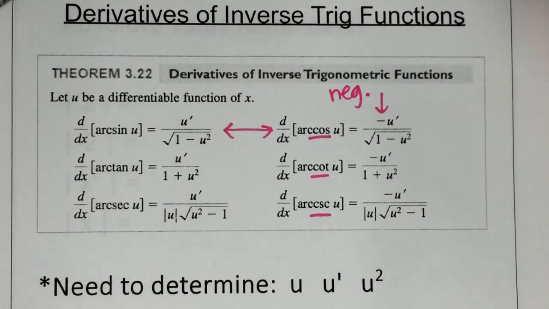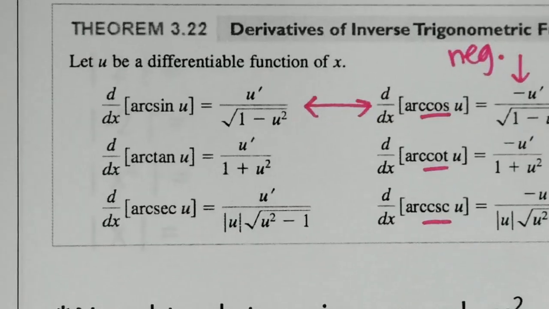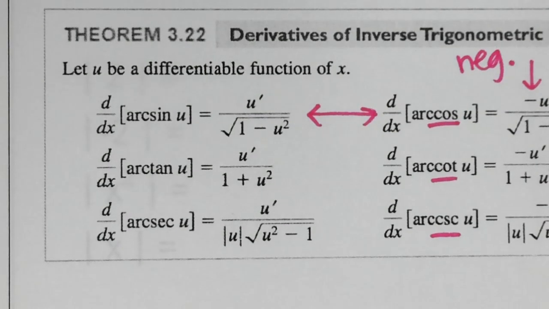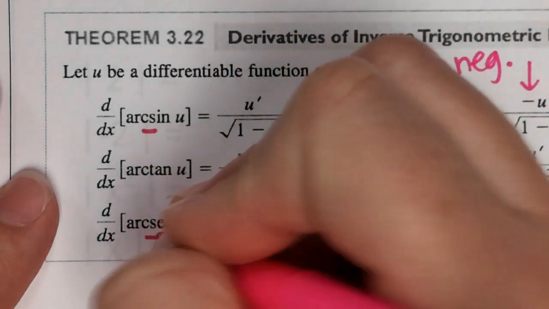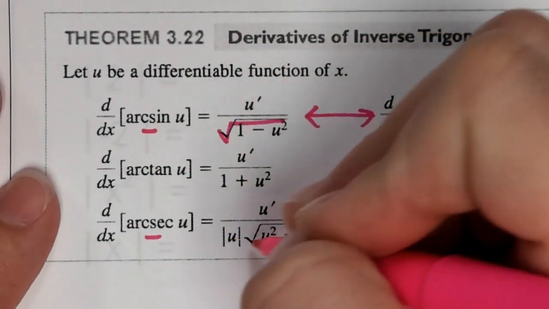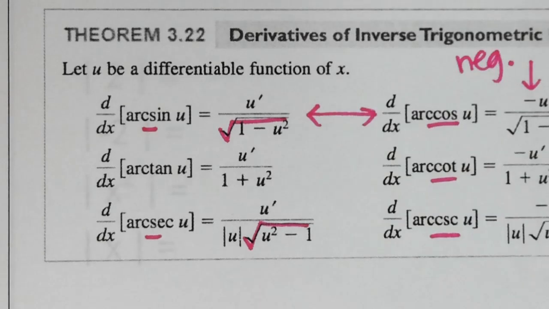All right, now I'm going to help you memorize these. Let's zoom in here. 2 of these have square roots. Which ones have square roots? The one with the S in front. Sine and secant. Oh, look, sine and secant have square roots. Tangent does not.